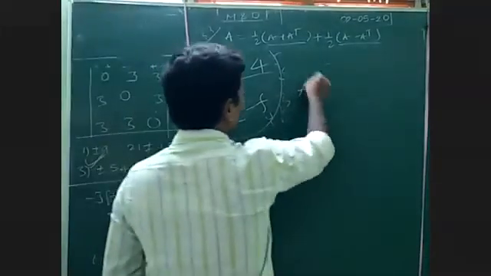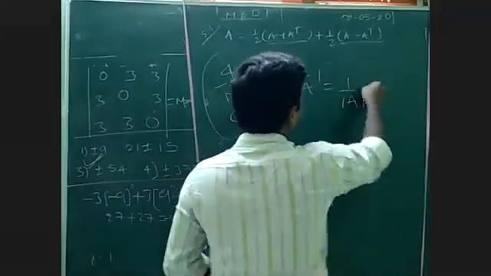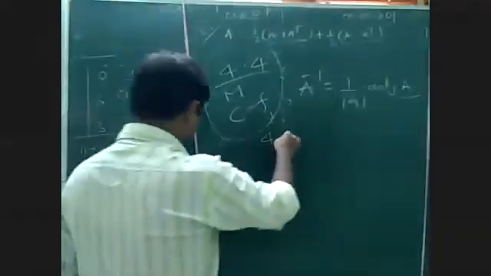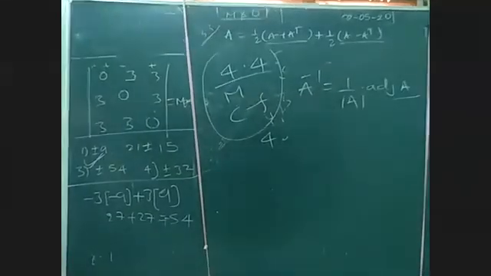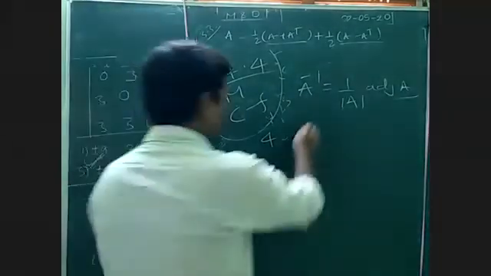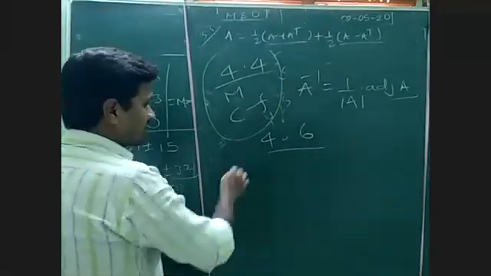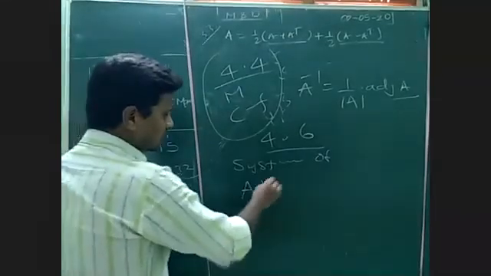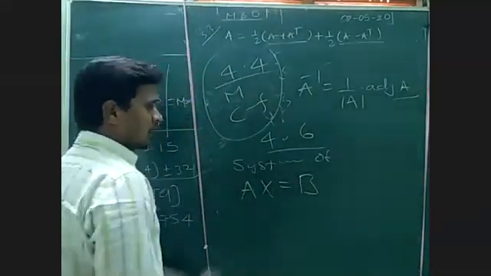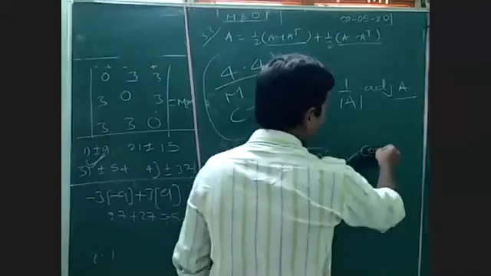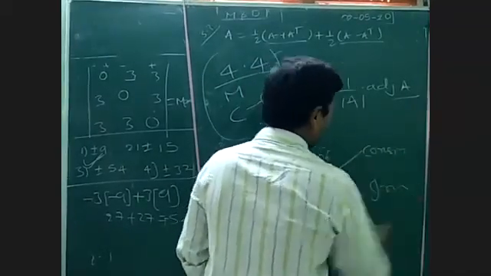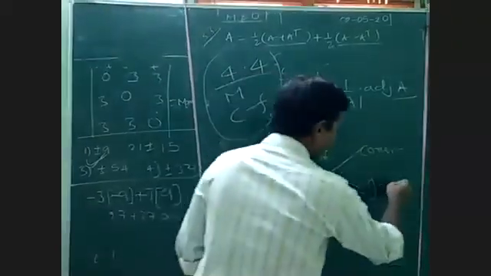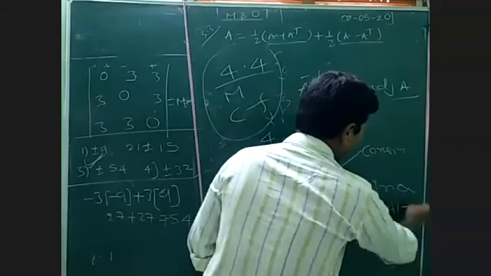So we need to find A inverse by applying 1 by determinant of A into adjoint of A. Then coming to the sixth exercise, 4.6, it is related to a system of equations. For a system of equations, the given equation is changed to matrix form AX is equal to B, then we can check whether it is consistent or inconsistent. For consistent, the determinant is not equal to 0, whereas for inconsistent, the determinant value is equal to 0.